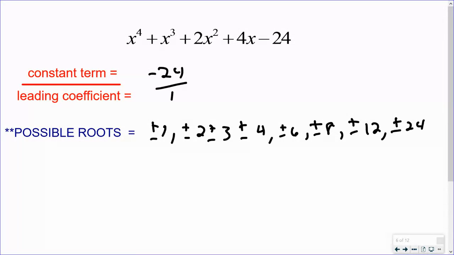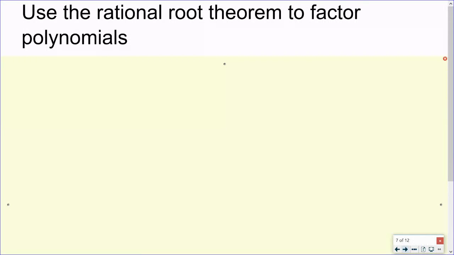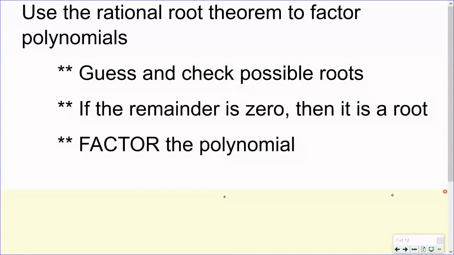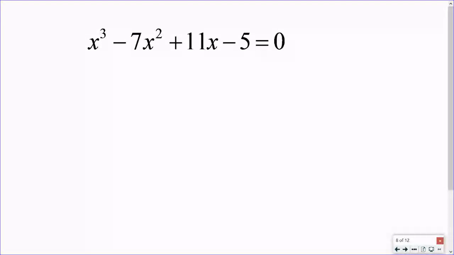Lots of choices, 24. I don't really like that. All those are possibilities. We want to guess and check to find the right one. If the remainder is 0, that one works, and that's what we'll work on a little bit more in the future.